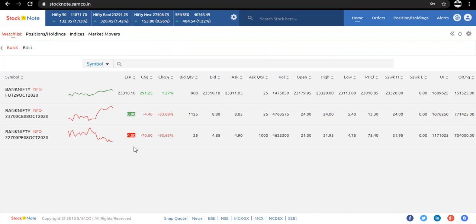Let's see, it is currently trading at 4.80. We will wait for its execution, that is 5.10 rupees. So it is taking some time, so we will wait.